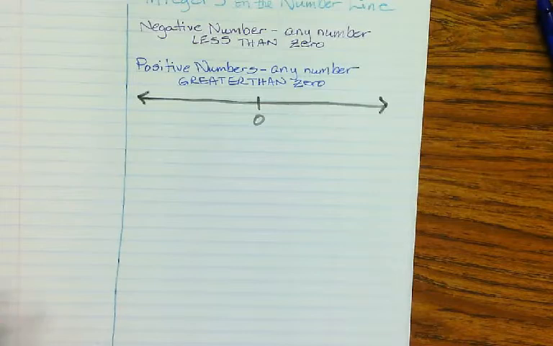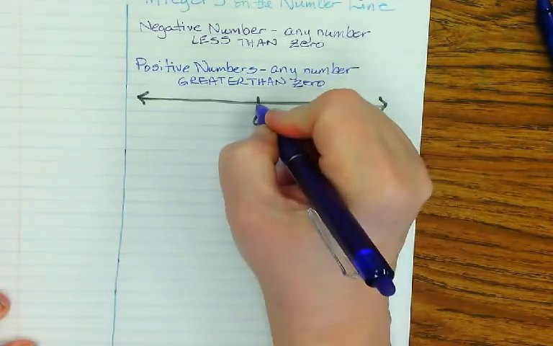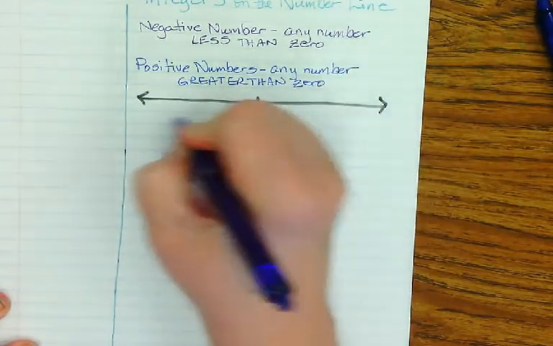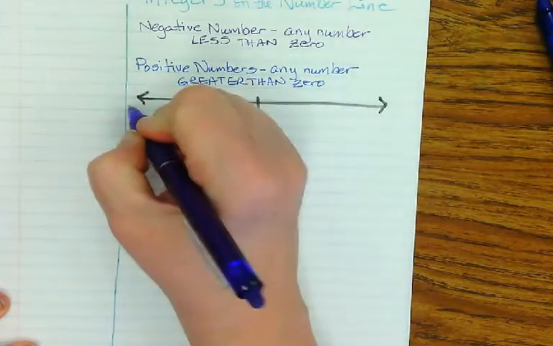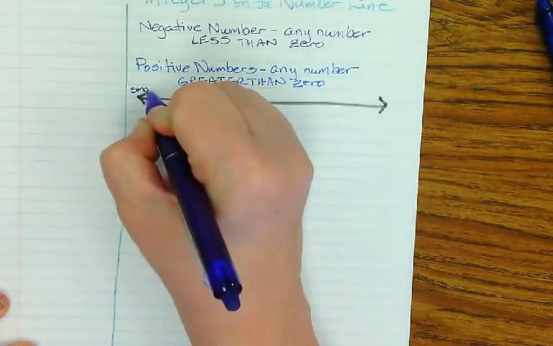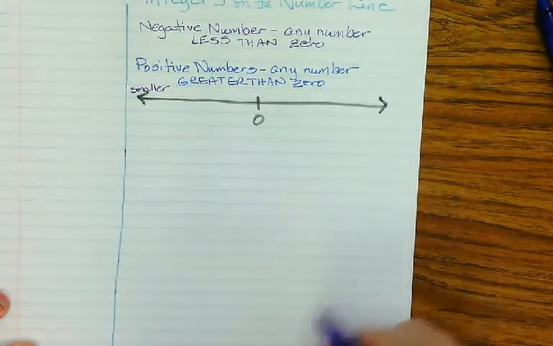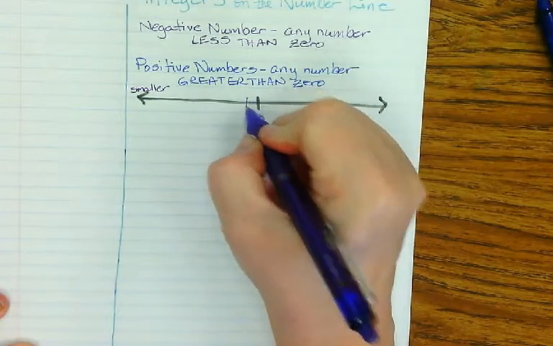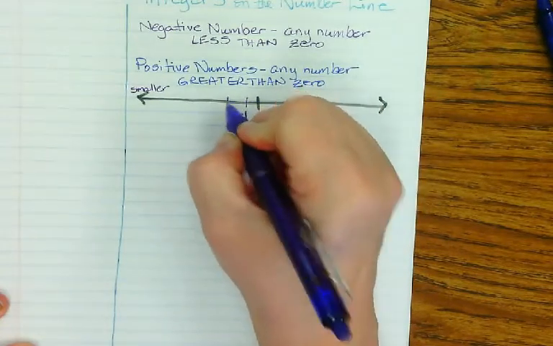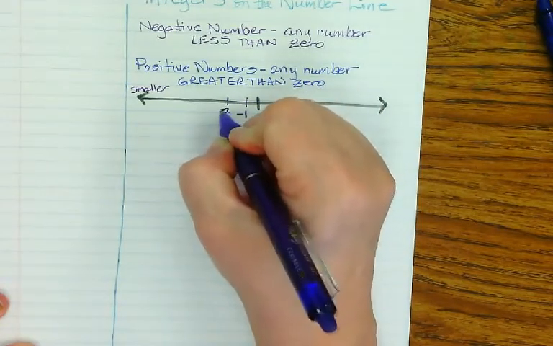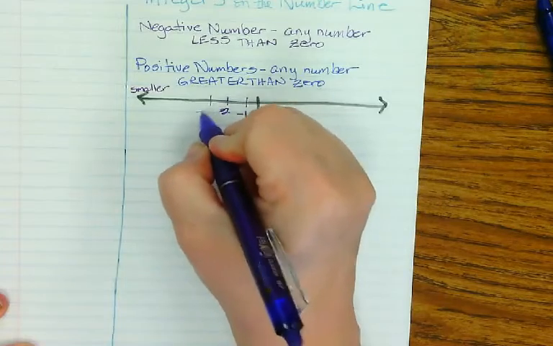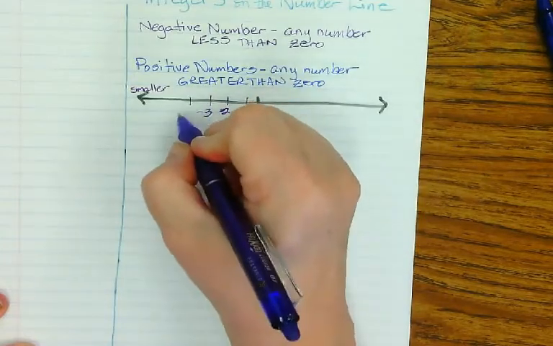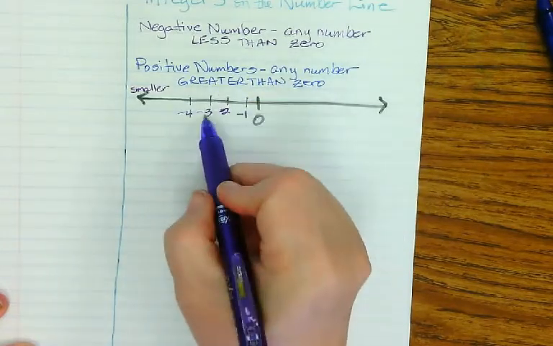All right? Now, we're going to have negative numbers, and they go backwards this way because they're smaller than 0. So we're going to go to the left. It's getting smaller this way. So we've got -1, -2, -3, -4. Notice the negative sign goes in front.